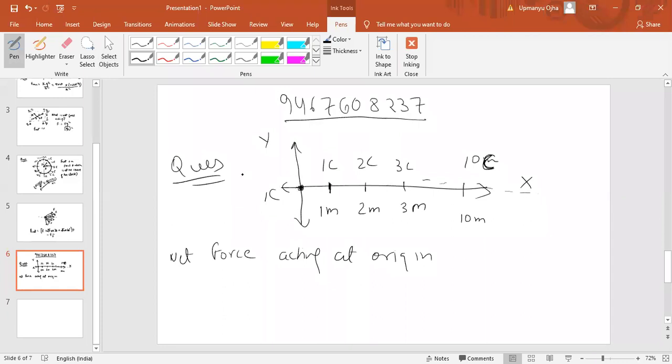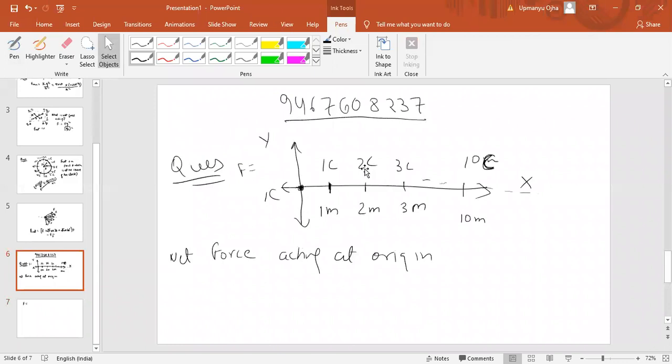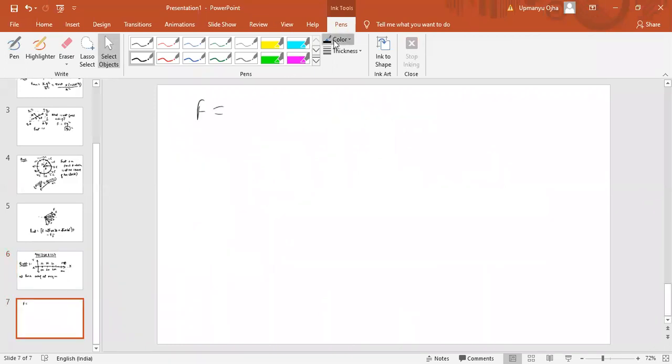And what is the magnitude of that force? That would be equal to k 1 square by 1 square. So the force by 1 coulomb charge which is placed at the center due to 1 coulomb is given by k 1 into 1 by 1 square.